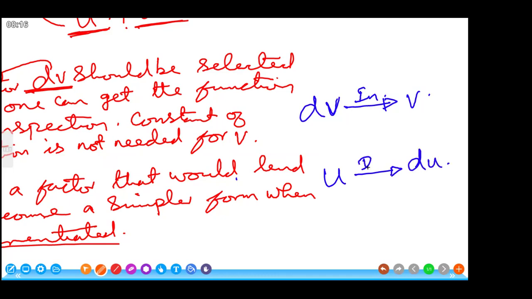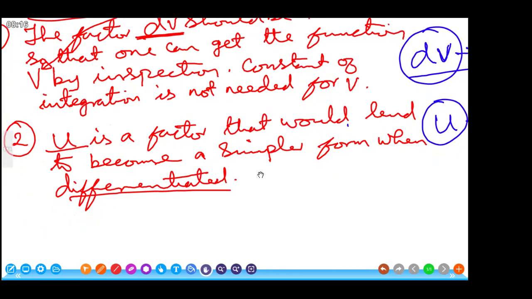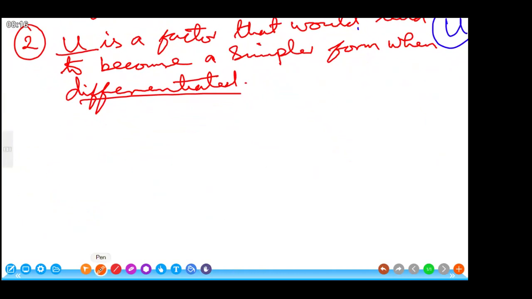So that is called differentiation. All are with respect to x, right? So the first step is identifying dv, then converting into v. The second step is identifying u and converting it into du, or the derivative of that. These are the two steps. Any questions before I take an example?